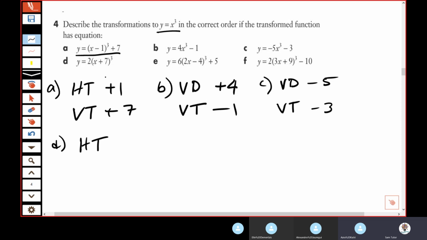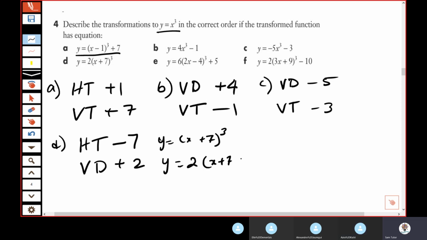And then we're going to go in the opposite direction for this one, which is minus 7. And then that would get you this, of course. And then we need to times it by 2 for vertical dilation of positive 2. And voila.